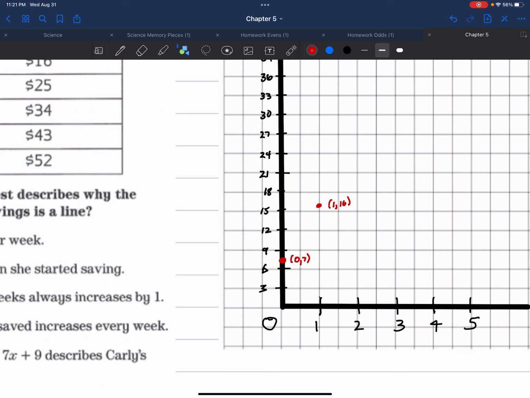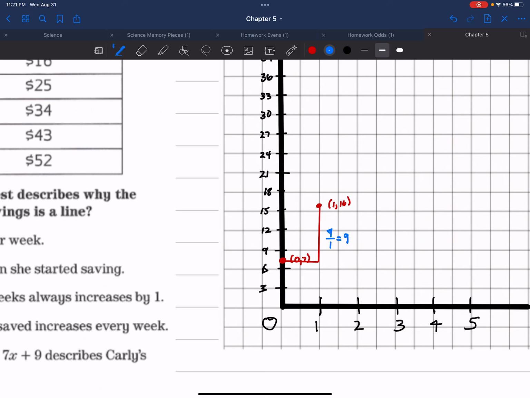So let's calculate the slope. The slope is going to run 1 and rise how many dollars? From 7 to 16 is $9. So this is a $9 rise over a $1 run. So slope is going to be 9.